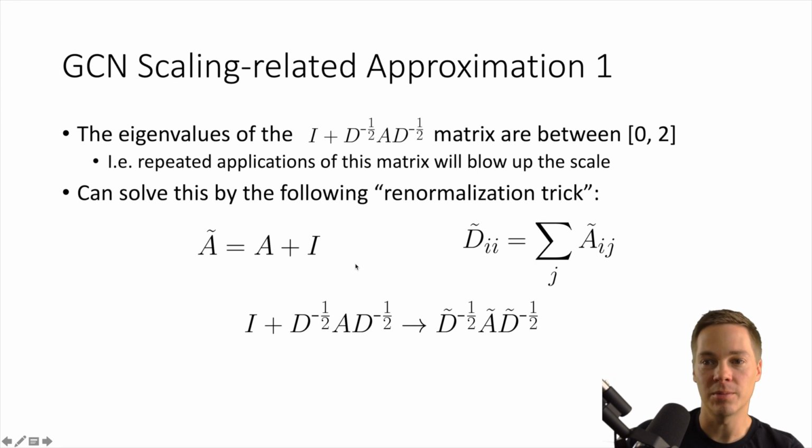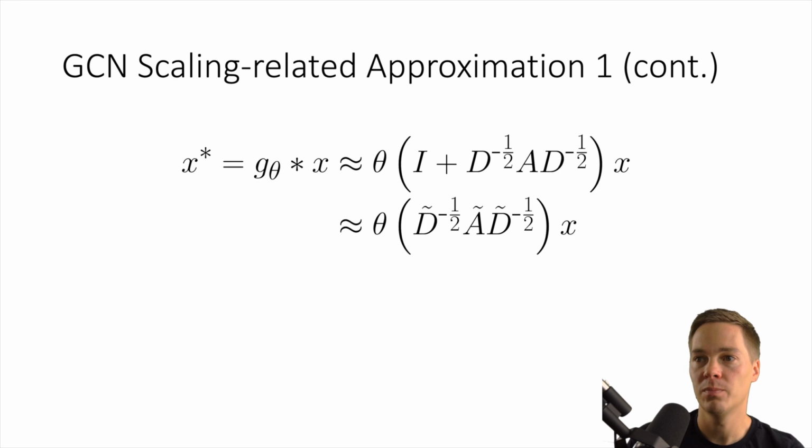And then what you end up getting is the I here is absorbed in, and you just get this D tilde inverse root times A tilde times D tilde inverse root. And now we can plug this in. And again, this is just adding a self edge for every node and renormalizing. And plugging this in, we again just absorb this identity matrix in.